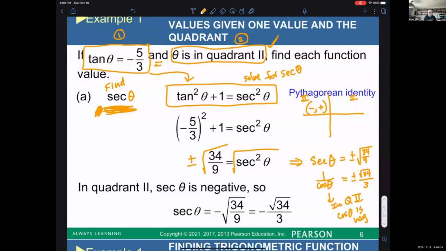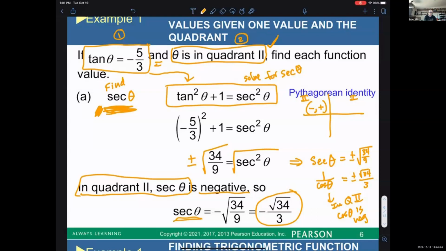And so therefore secant, 1 over cosine, is negative. And so as they then say, in quadrant 2, secant theta is negative, which I just tried to explain. And so they choose the negative of that plus or minus square root. And so they end up saying that secant theta has to be negative square root of 34 over 3.